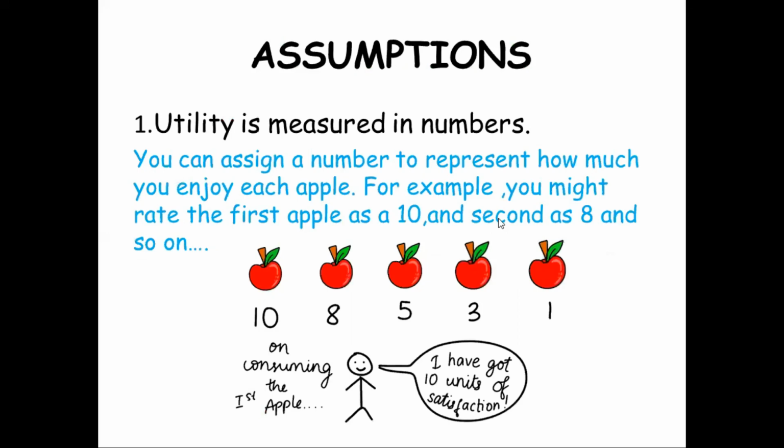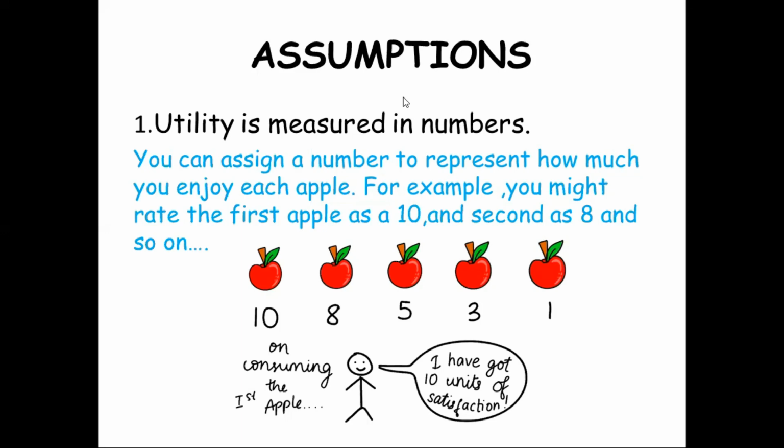Okay, let's start with the first assumption. Utility is measured in numbers. You can assign a number to represent how much you enjoy each apple. For example, you might rate the first apple as 10 and the second as 8 and so on. So here we are taking the example of consuming apples. All the assumptions I'll be explaining with regard to apples. The first one is utility is measured in numbers, meaning satisfaction is measured as we measure length in meters or kilometers.